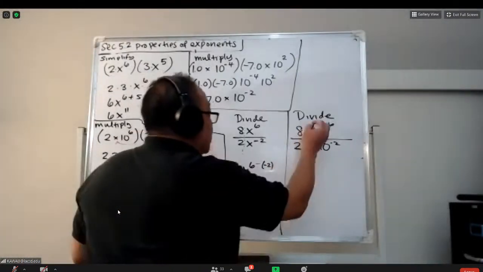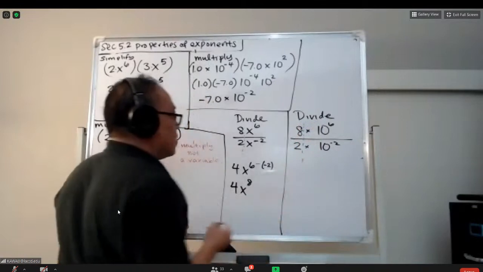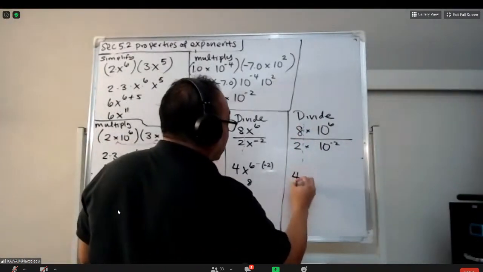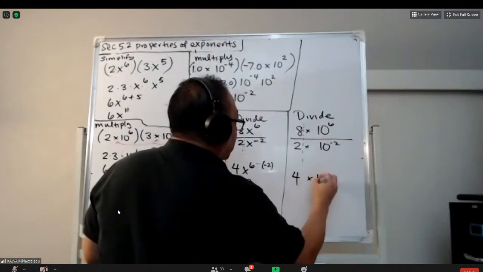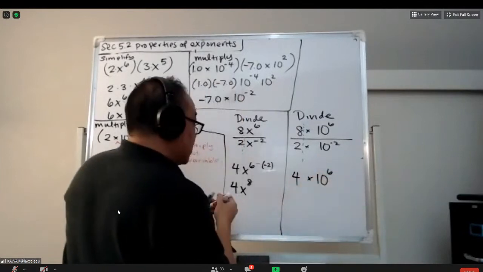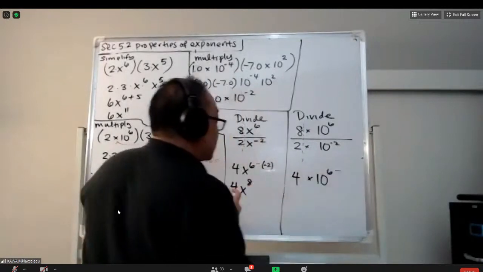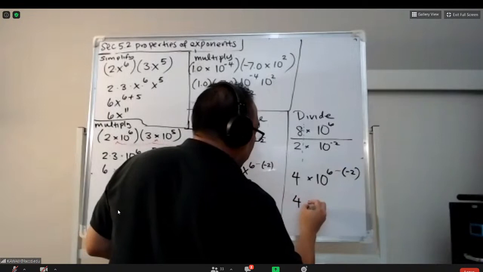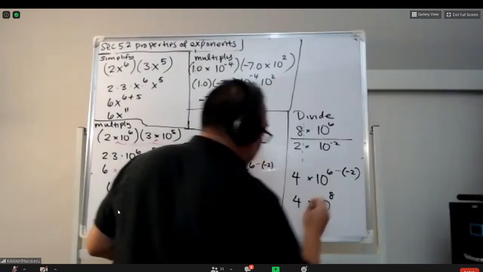So now treat these as two separate problems. 8 divided by 2 is 4. And then we're going 10 to the 6th, right? The top exponent minus the bottom exponent. And then we're done.